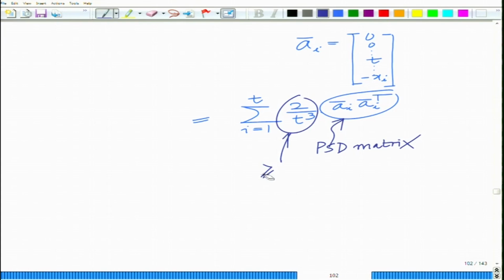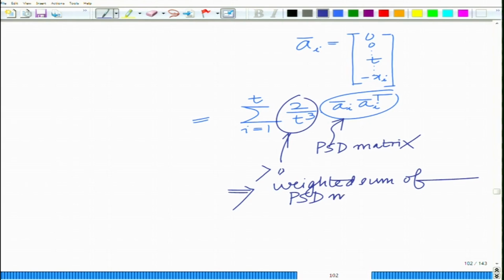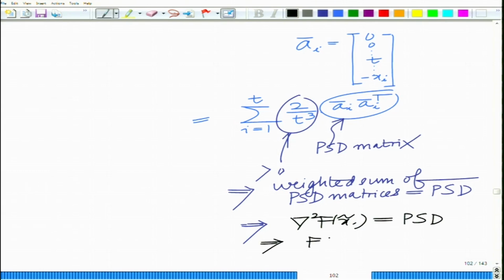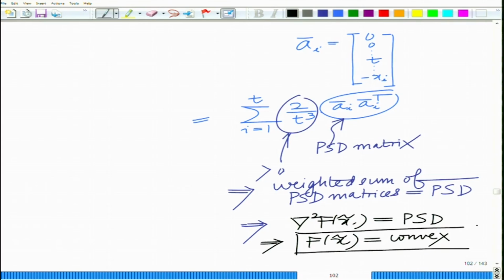Therefore, the Hessian is positive semi-definite, which implies that f of x tilde is indeed a convex function.